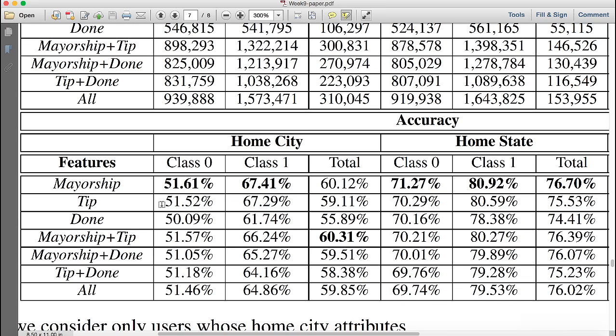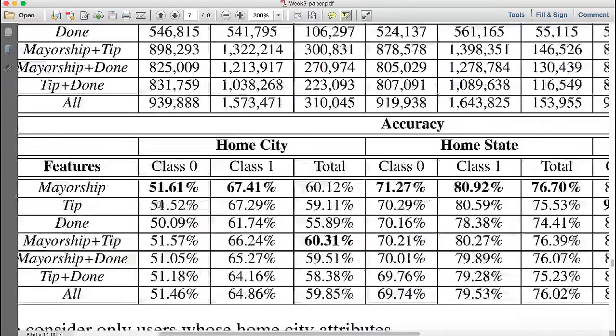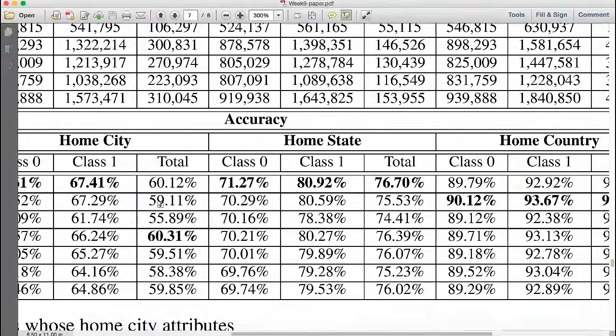So 67% of the times the home city can be inferred if I look at the class 1 category of people, who do a lot of tips and dones, but whose predominant place where they do a tip or a done is actually their home location. Home state becomes higher, 70%, and home country is even higher.